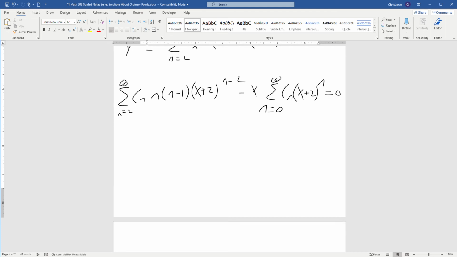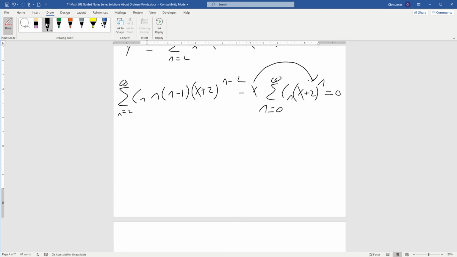Alright, now here's the sneaky trick that we're going to have to do. Usually what we do is we take the x and we just distribute it onto the inside. That's one of the beautiful things about the series, it allows us to just switch the exponent. However, we can't do that because we don't have x plus 2. So here's what we're going to do. We're going to do a trick that a lot of times we see in mathematics, where if we don't have something, we add and subtract to be able to get to what we need.